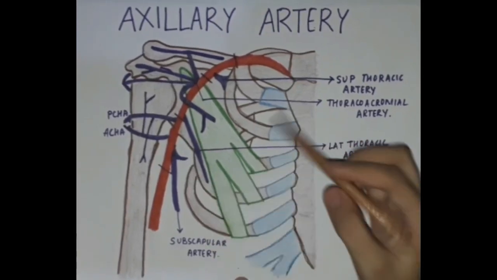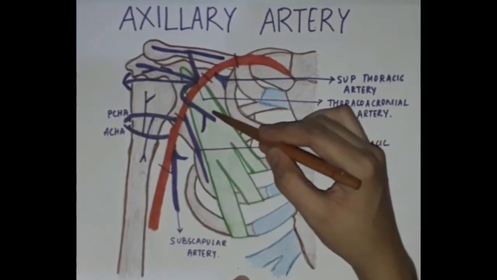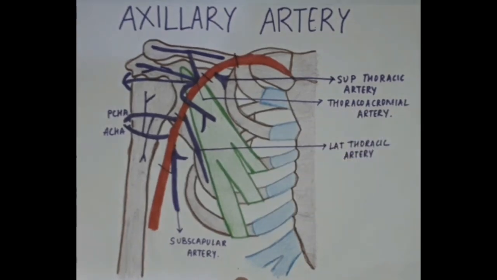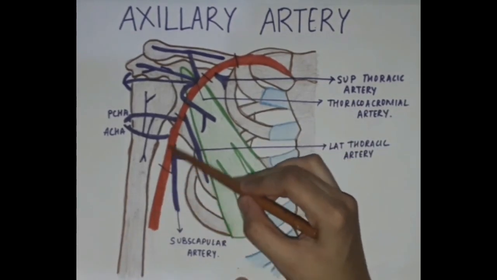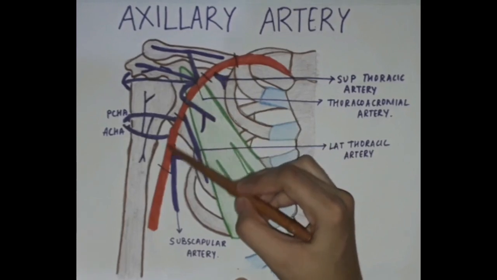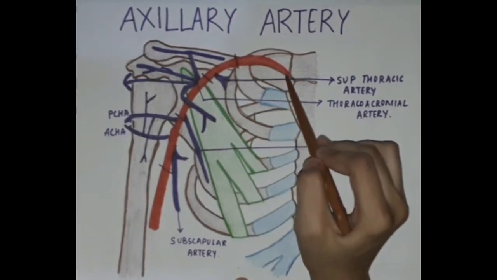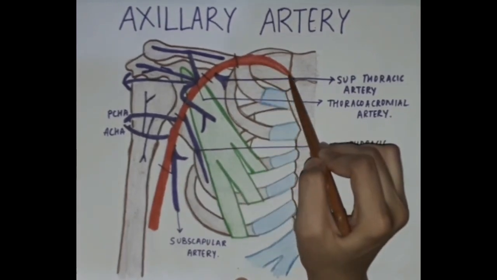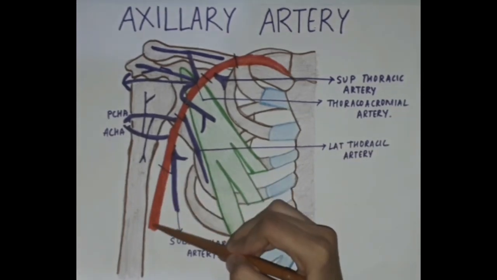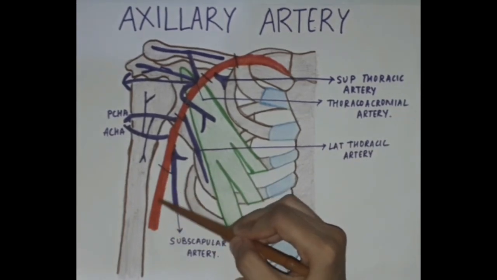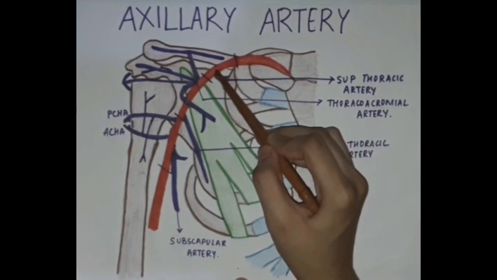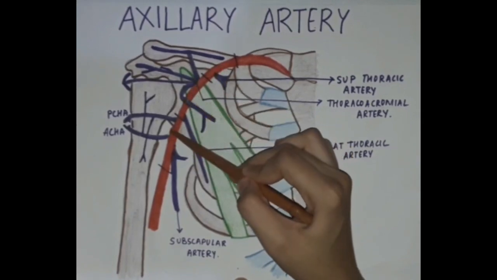This green color muscle is the pectoralis minor muscle. This is the axillary artery. Above this level, it is called the subclavian artery, and below this level, it is called the brachial artery. It is divided into three parts: the first, the second, and the third part.